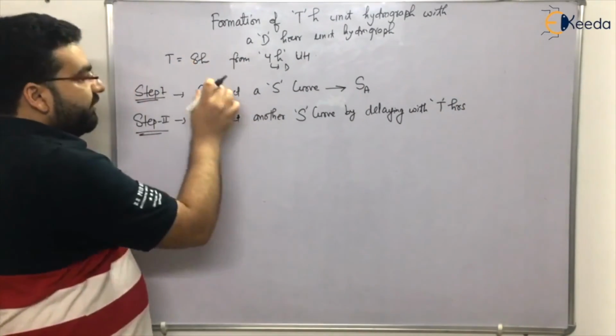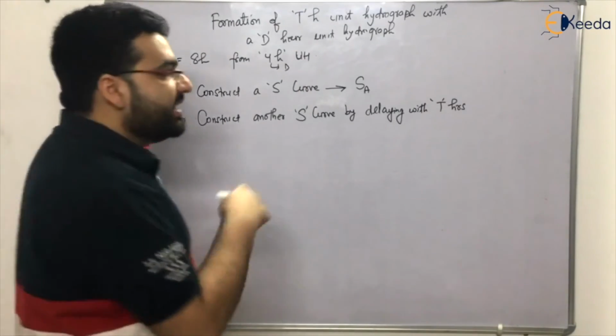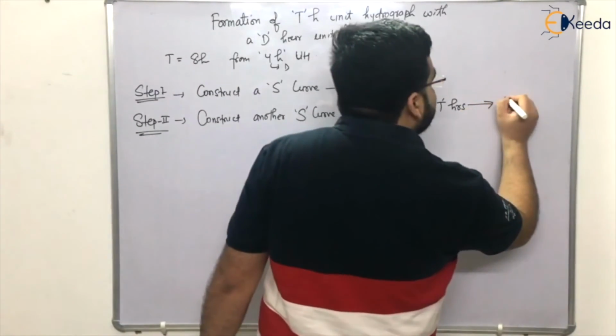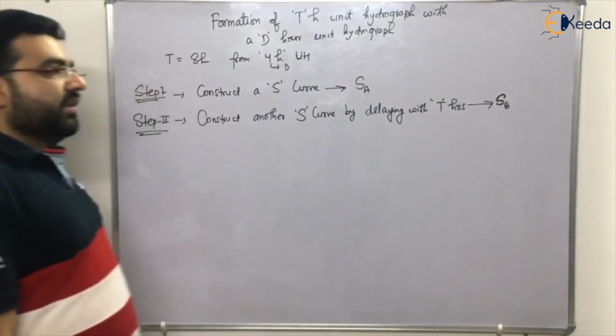So whatever the time period is, you have to delay that S curve by that amount, and you have to form another S curve. Let us say that this S curve is given by SB.